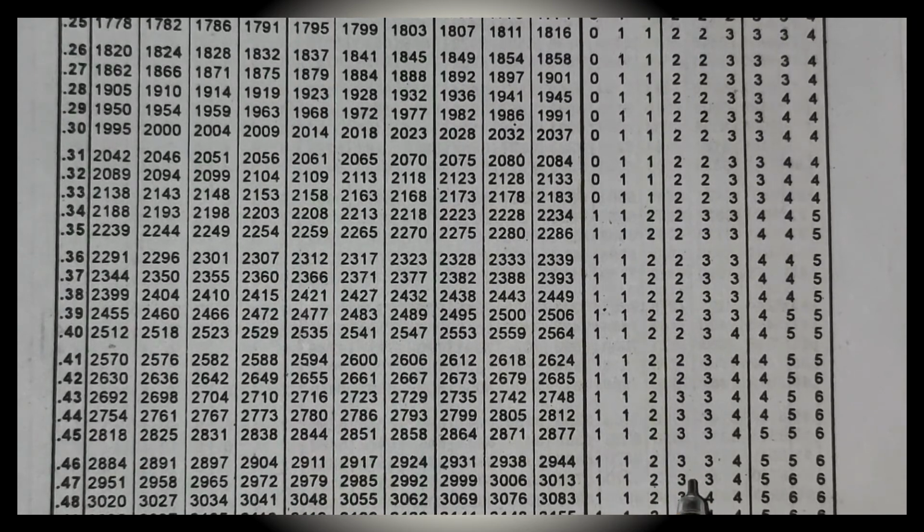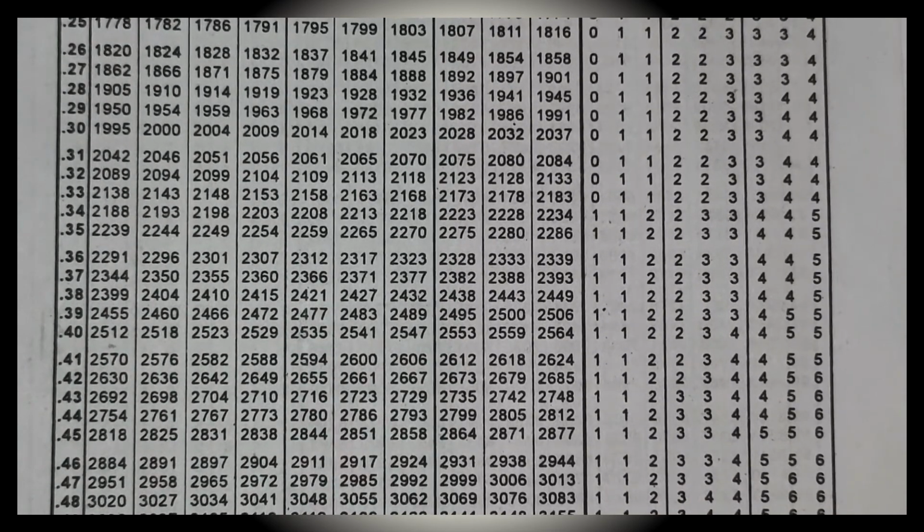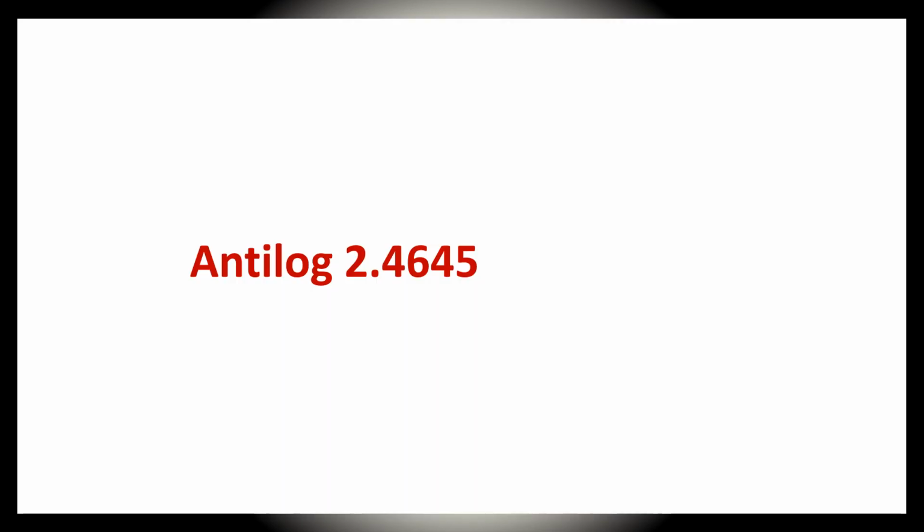Thus, we get 2914. So, the antilog of 2.4645 according to the antilog table is 2914. Now, we have to decide where to put the decimal point.